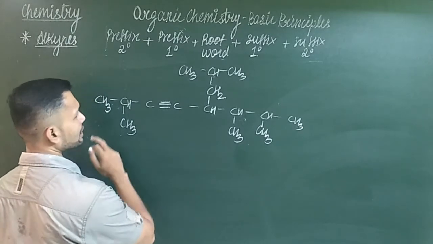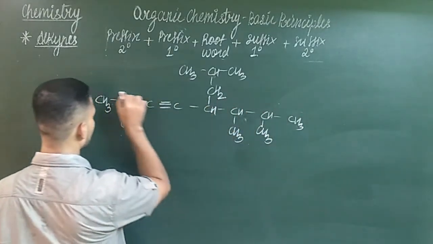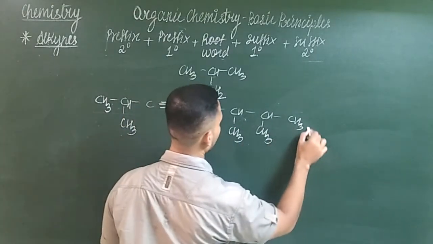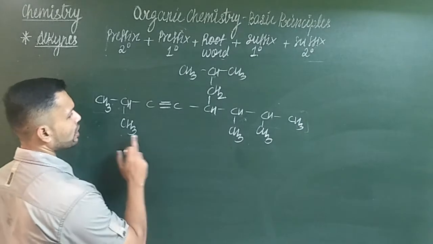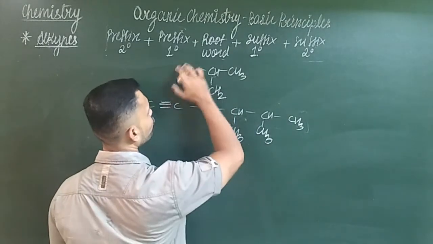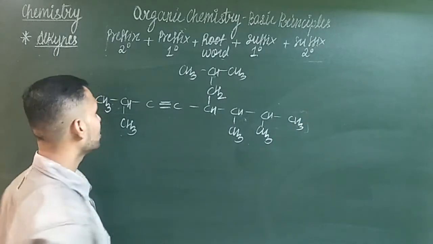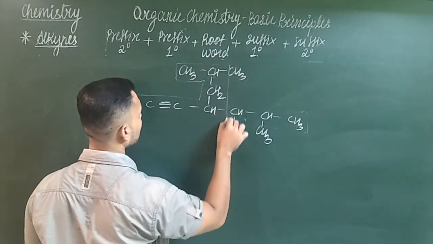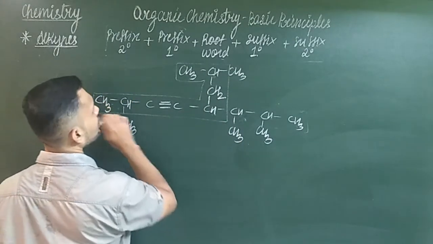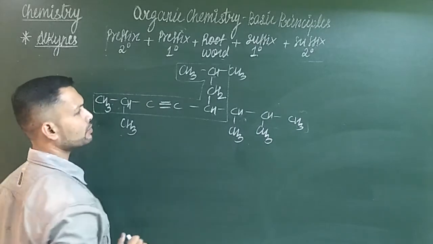So frankly speaking, there are 2 chains. One is the straight one. So suppose I take this straight one, there are 1 and 2 and 3 and this 4 branches. So there are 4 substituents if I go straight. Then suppose I go like this as the longest chain. So this is one branch, this is the entire second branch, and this is the third branch.